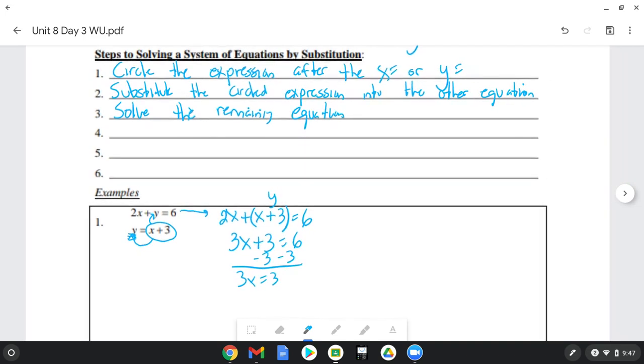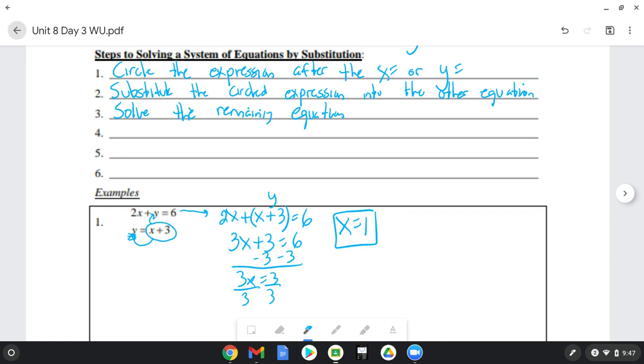So in the end, if we continue to solve one more step, we got to divide, and we get x equals 1. So now that's half of our answer, because all of our answers for the systems were always written as an ordered pair, x comma y. So that only gives us half.